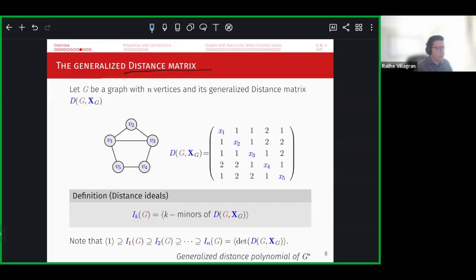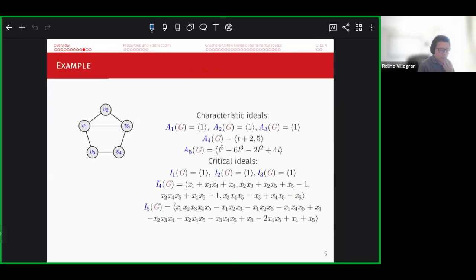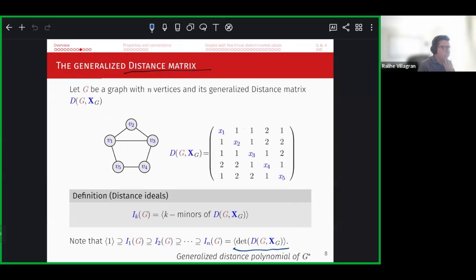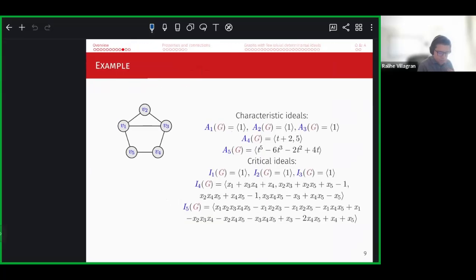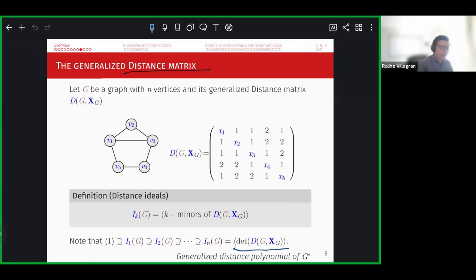So these are the distance ideals. I don't know if this polynomial has a name, to be honest, but let's name it the generalized distance polynomial. If any one of you know, please let me know. We can do this, and we can also think about the univariate distance matrix and so on.